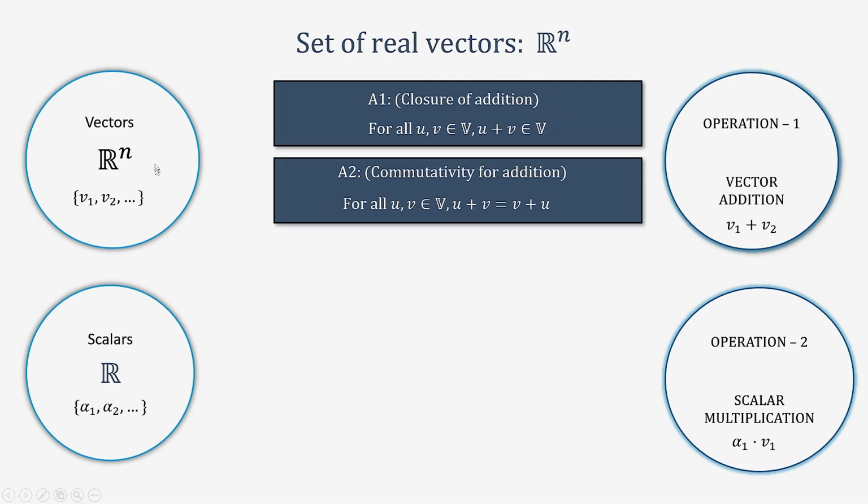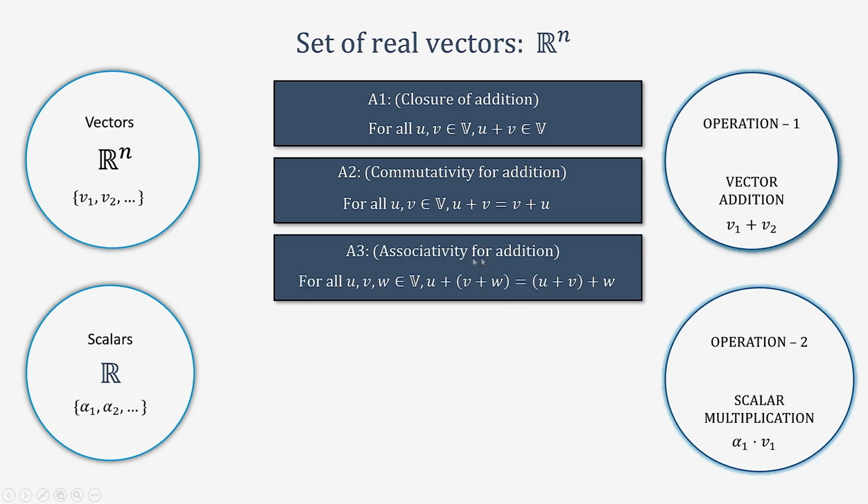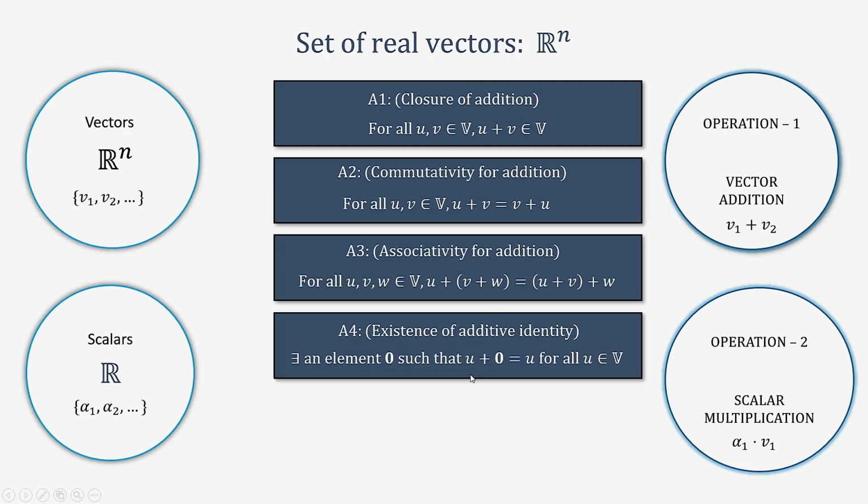If you take 2 elements from these vectors and add them up, u plus v must be equal to v plus u, which is again true. Then associativity: u plus v plus w is equal to u plus v first and then plus w. Then comes the existence of an additive identity.